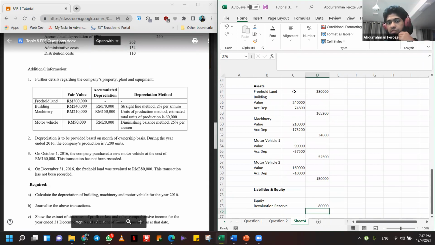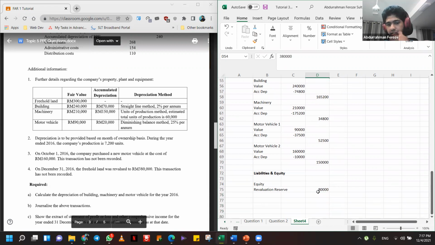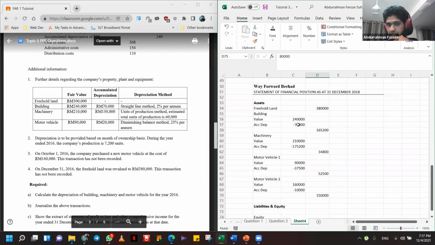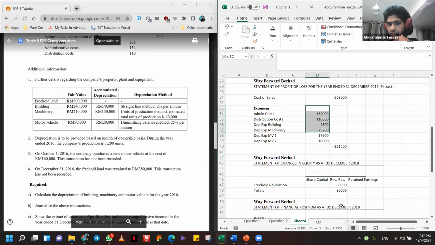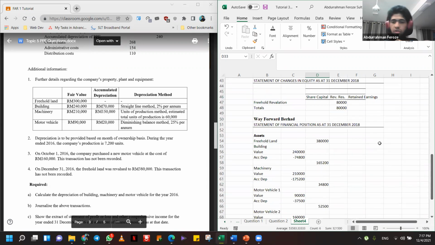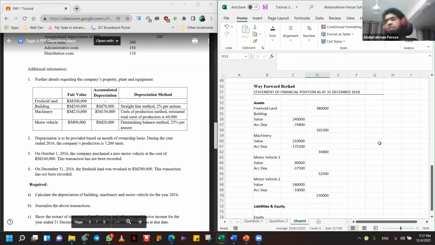So here, freehold land increased by 80,000. So on the other side, the liabilities and equity increased by 80,000. All of these increases, but to the accumulated depreciation, are shown in the statement of profit or loss. The double entry rule is very simple. Every single transaction has to be shown in two areas at least, so as to balance it out.